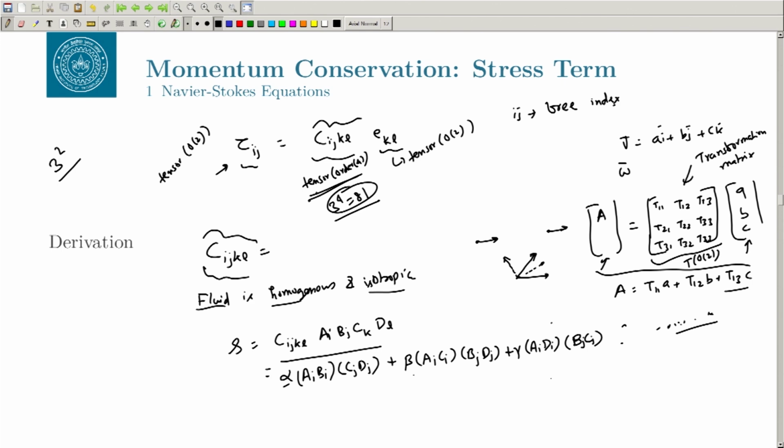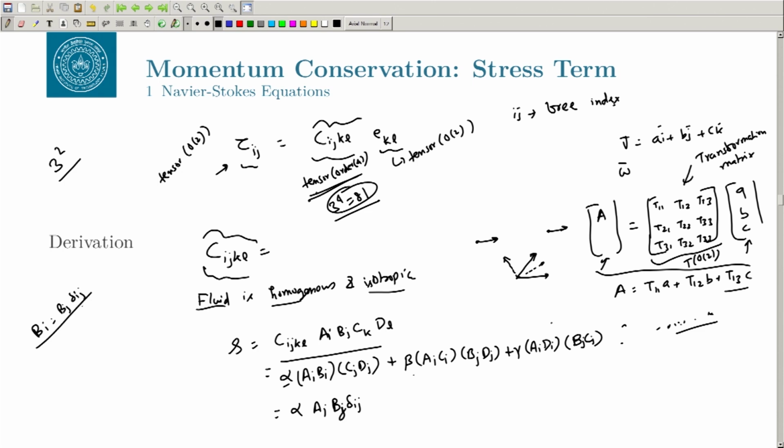We will again make use of our Kronecker delta, right. So, this can be written as alpha a_i. Now, I want to write b_i in terms of b_j, right. So, that will be b_j delta_ij. That means I am writing b_i equal to b_j delta_ij. Why?